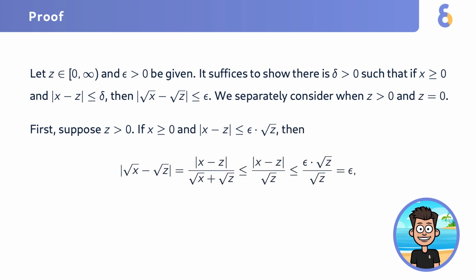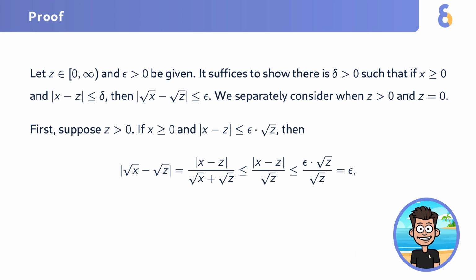First, we multiply the square root of x minus square root of z by its conjugate so that the numerator just becomes x minus z. The absolute value of the bottom is simply square root of x plus square root of z, since each of those terms is non-negative. Next, because x is non-negative, we can bound this expression by what you see next, where there is just square root of z in the denominator.